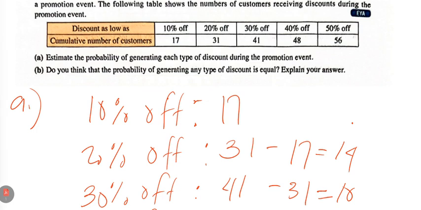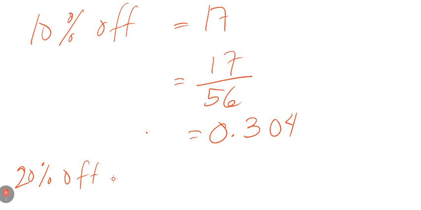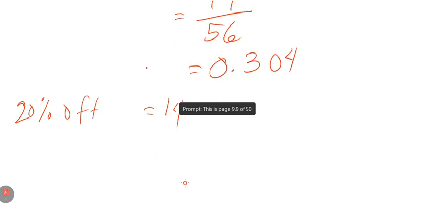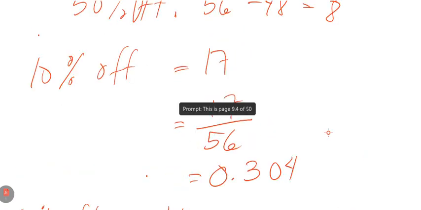Next, for the 20% off, we have 14, so 14 out of 56, which equals 0.250.